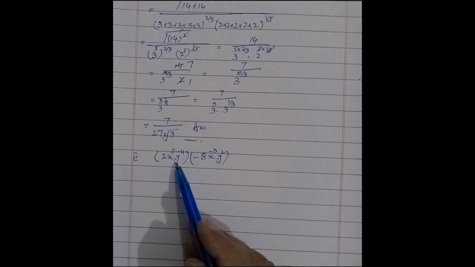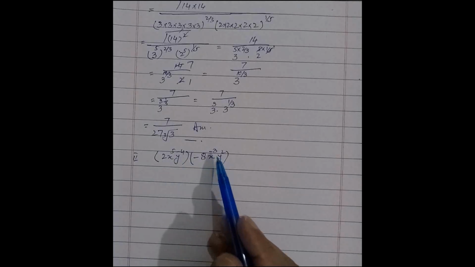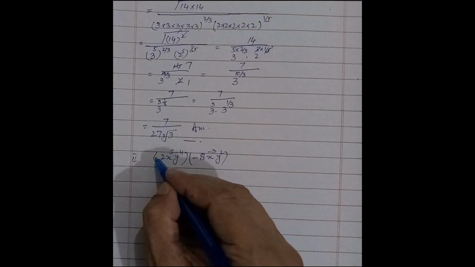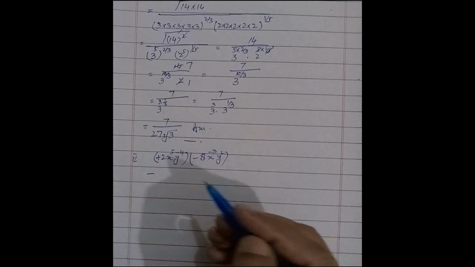When we multiply these two values, we know that sign multiplies by sign, digits multiply by digits, and variable multiplies by variable. So this plus multiplied by minus, we get minus.